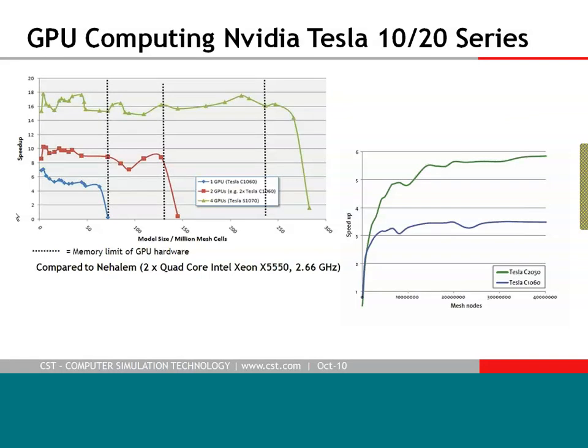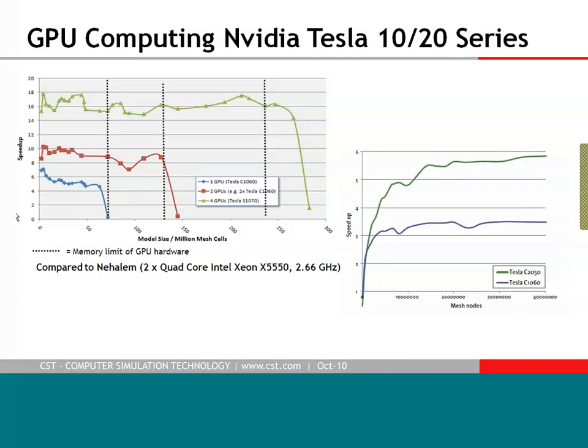We support at this stage the NVIDIA Tesla card, mainly two series, the 10 and the 20. And in the up corner, we see the performance, how fast a typical simulation could be, or the speed up, if you compare with one of the latest Nehalem CPUs.